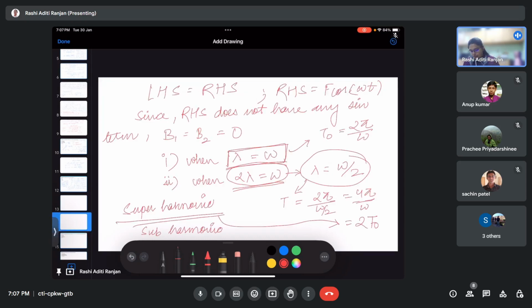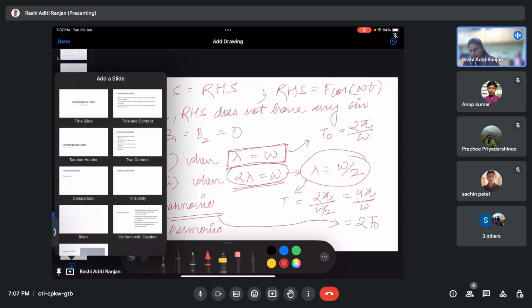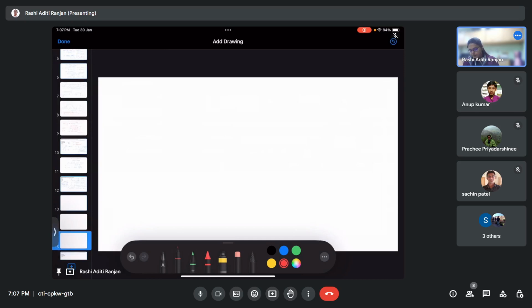Essentially, if I want to define the super and subharmonic, it would be like this. For superharmonic, omega would be equal to omega divided by n, where n is an integer.